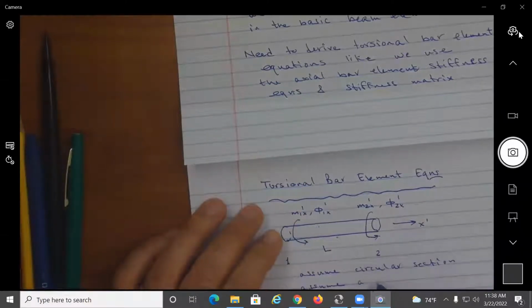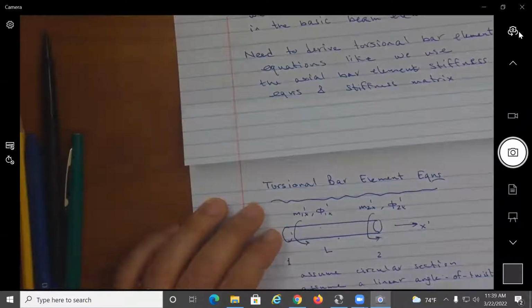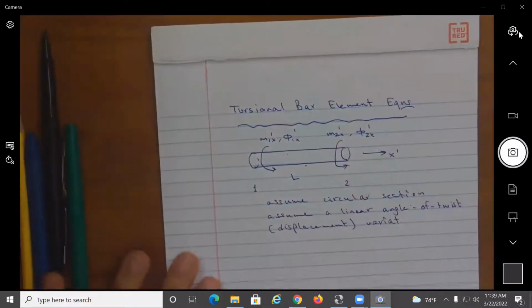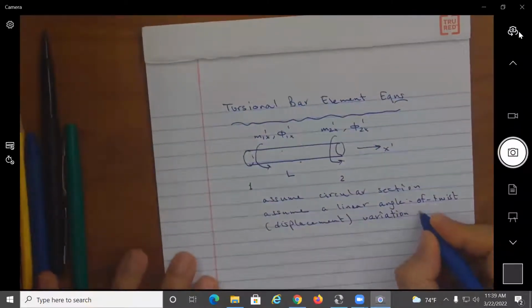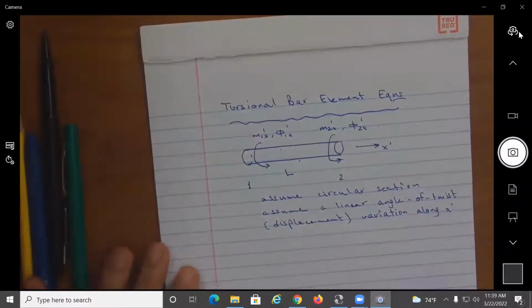So assume a linear angle of twist variation along the local x prime axis.